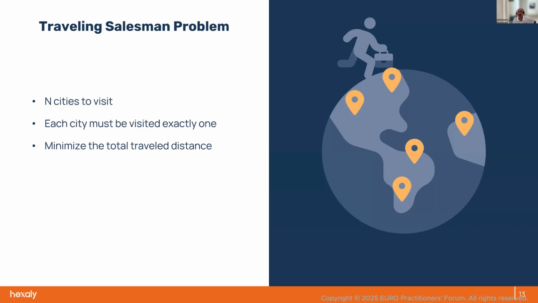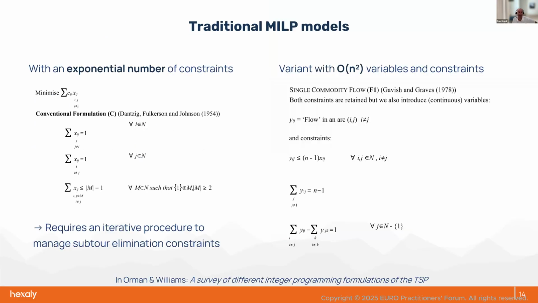This is a good problem because expressing this problem, TSP, which is so simple in its definition, using the mainstream optimization solvers, which are MILP solvers, mixed integer linear programming, is not so simple. It's not so direct. For example, this is what we learn at school. So TSP is a good example where we can build a model with an exponential number of constraints.